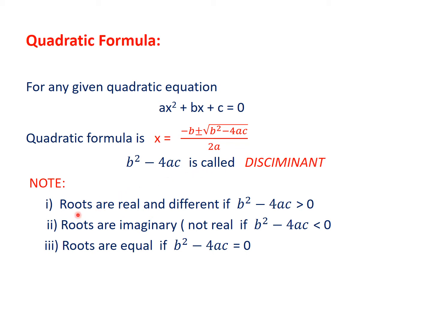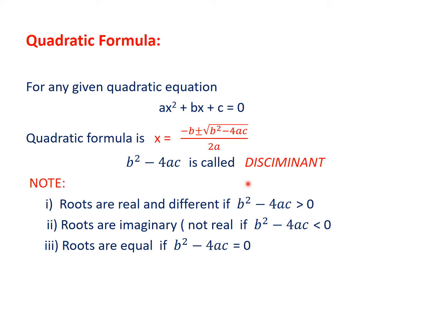Roots are real and different if b square minus 4ac is greater than 0, and roots are imaginary, meaning not real, if b square minus 4ac is less than 0, and roots of the equation are equal if b square minus 4ac equals to 0.